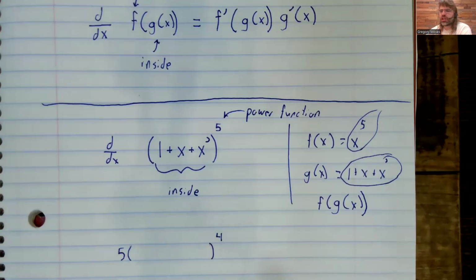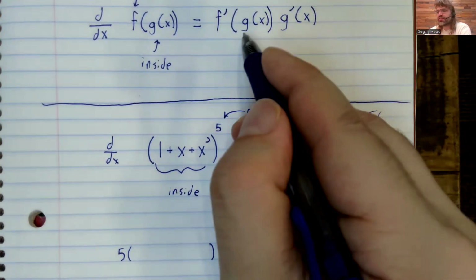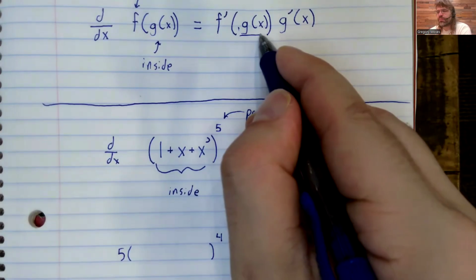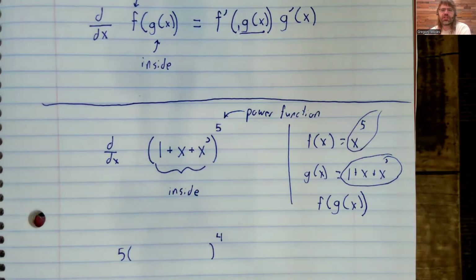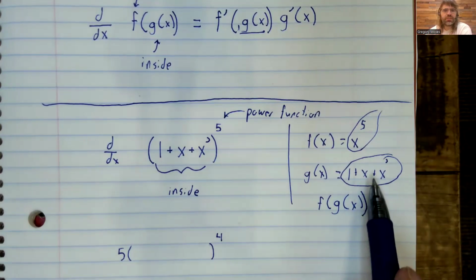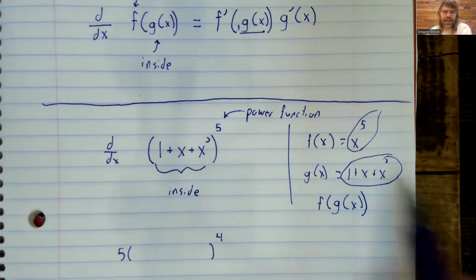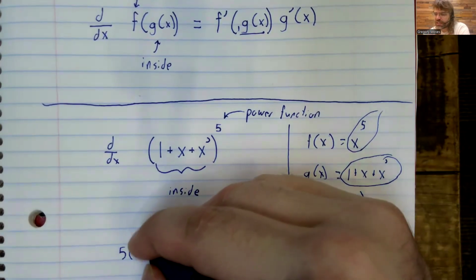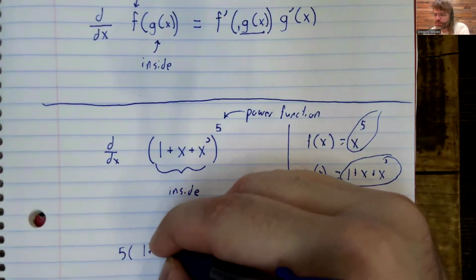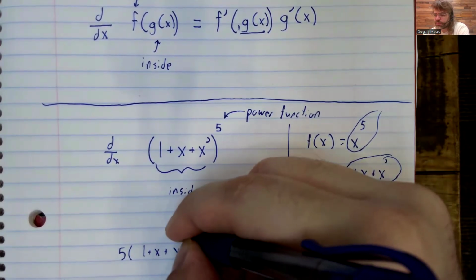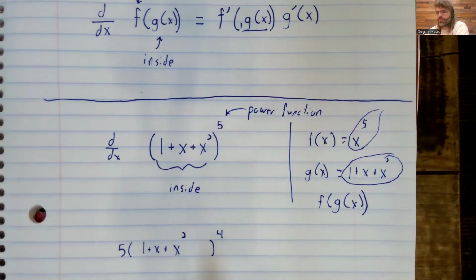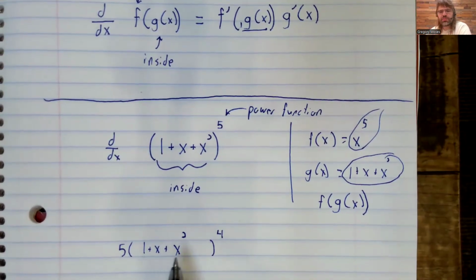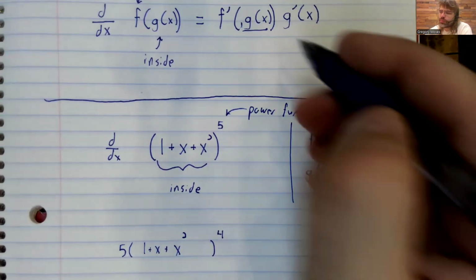Because according to the chain rule, after we've taken this derivative, we should stick in the inside function. The inside function is the quadratic, 1 plus x squared. So we've got 5 times 1 plus x squared raised to the fourth.